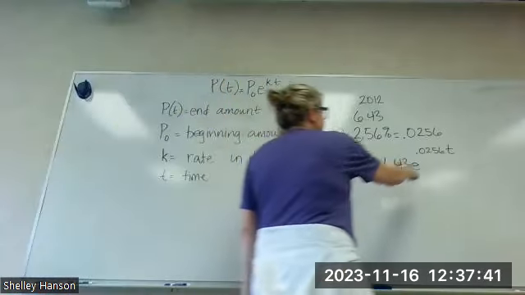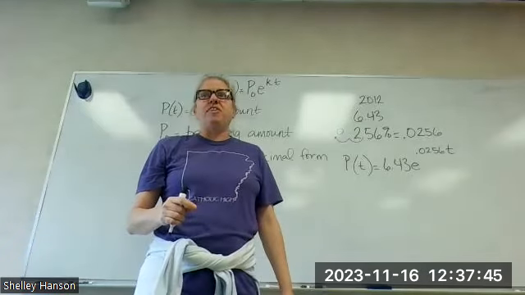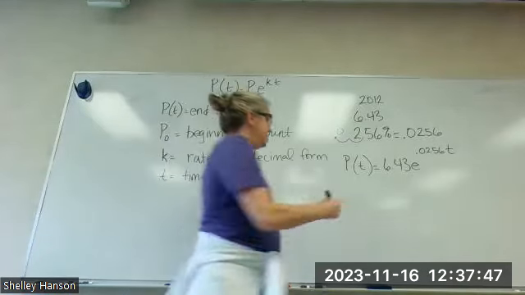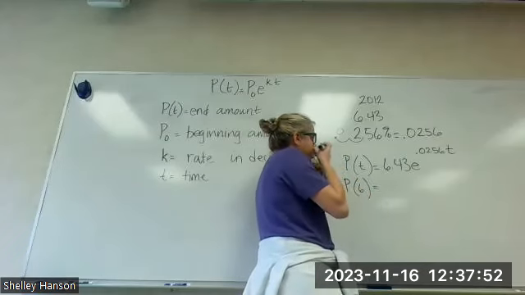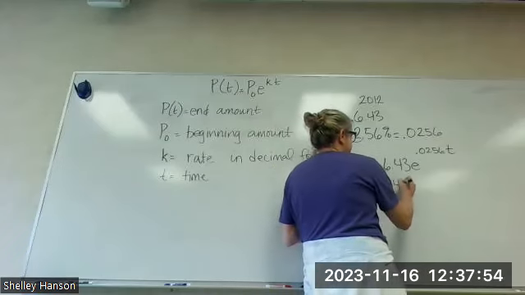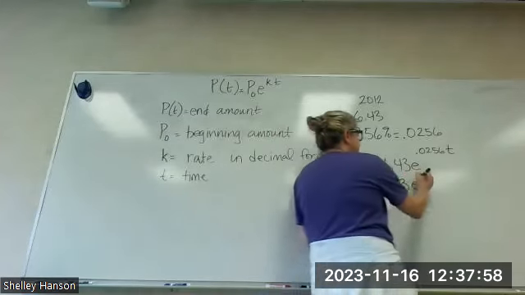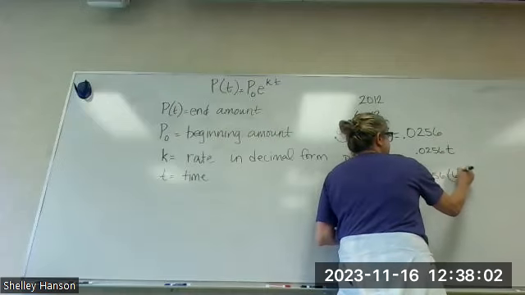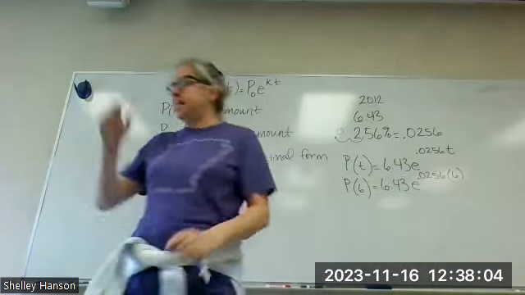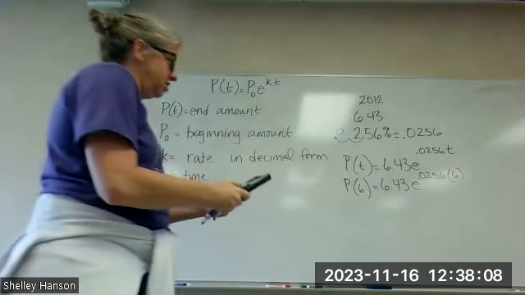So I am replacing the number of years, which is the T, with a 6. So I'm finding what happens when I replace T with 6. I'll have 6.43 e to the 0.0256 times 6.